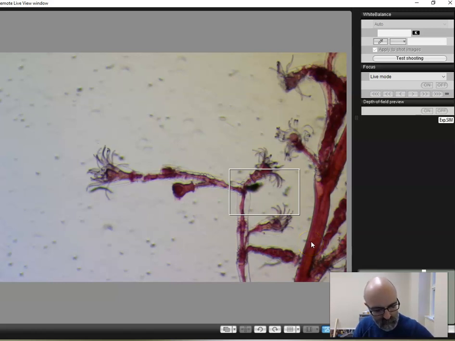Going to the page in the book. This is page 36 in the Van der Graaf's book. And this, so we see the individual polyps at the end. These are reproductive. Well, these are probably feeding polyps here.